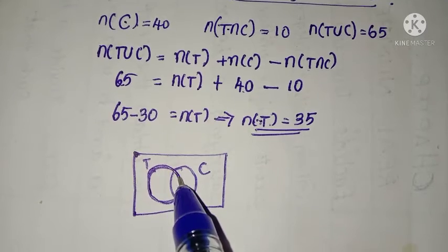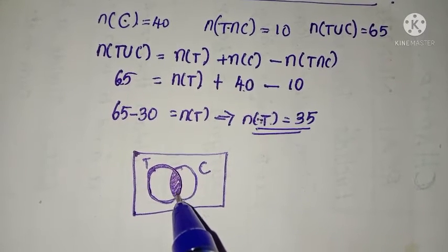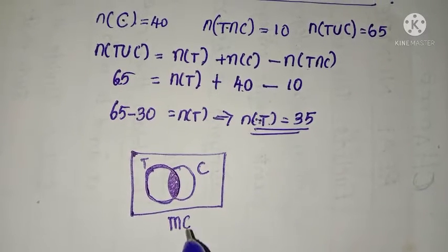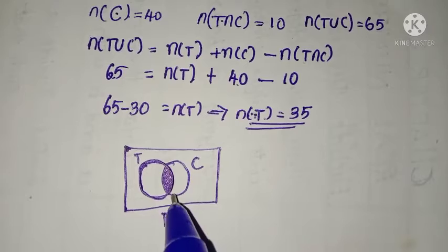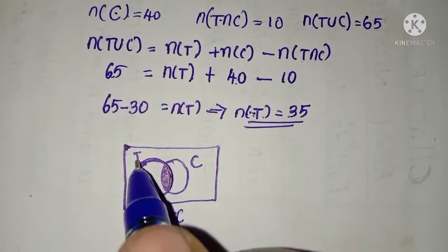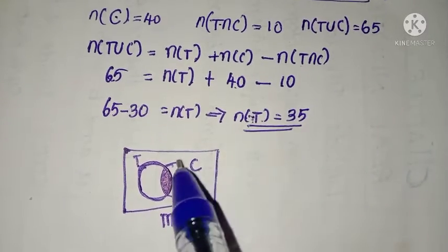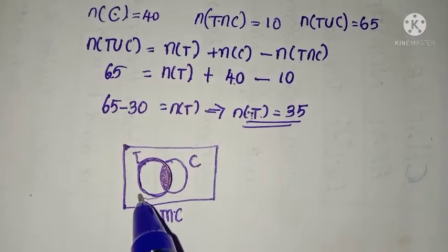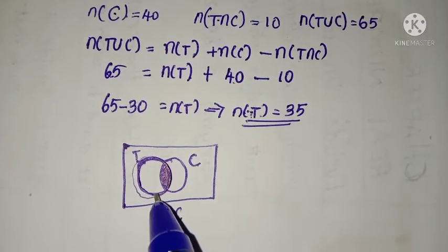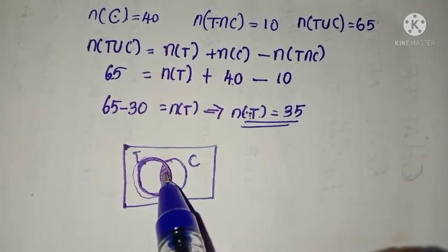In the first circle, this shaded region is T intersection C, the people who like both tennis and cricket. So n of T, the total number of people in this set, is 35. Out of these 35 people, some people like cricket also.